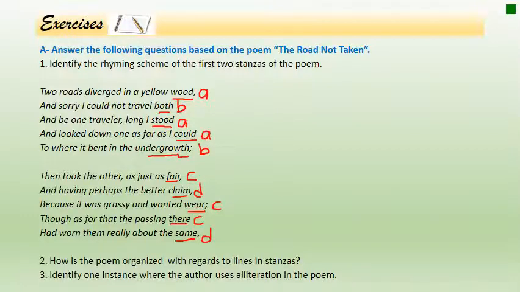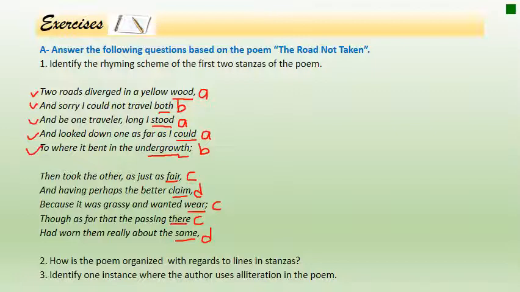Okay, now how is this poem organized with regards to lines and stanzas? This is a particularly famous method used by some poets like Robert Frost. It has 4 stanzas, first of all, but if you take a look at each stanza, it's made up of 1, 2, 3, 4, 5.